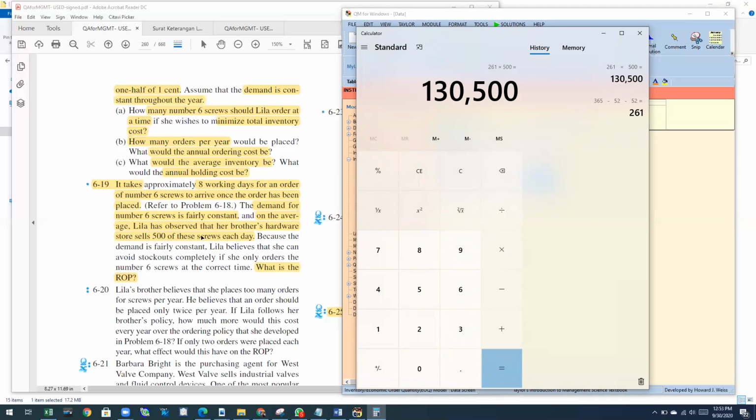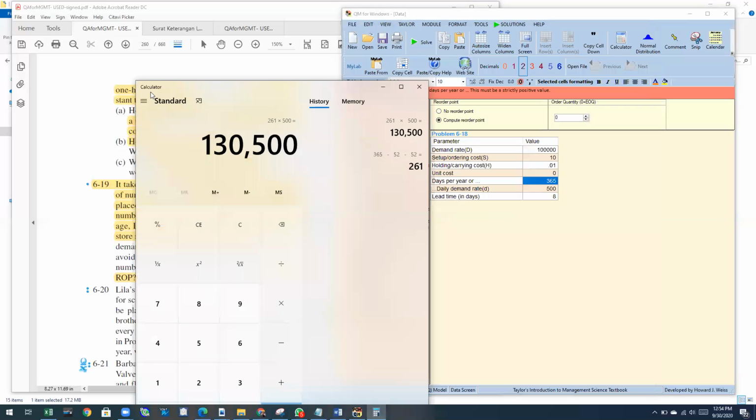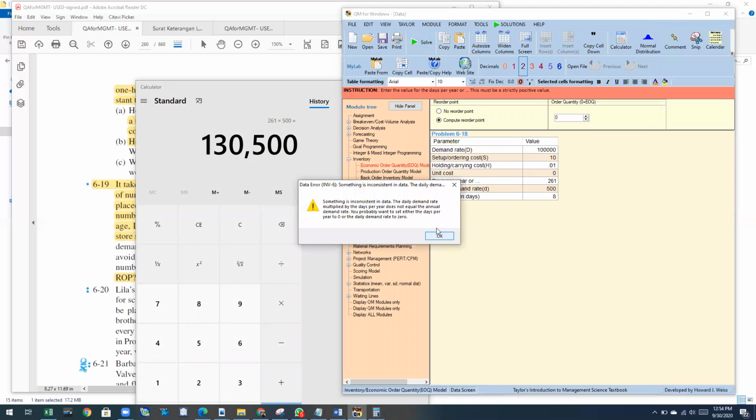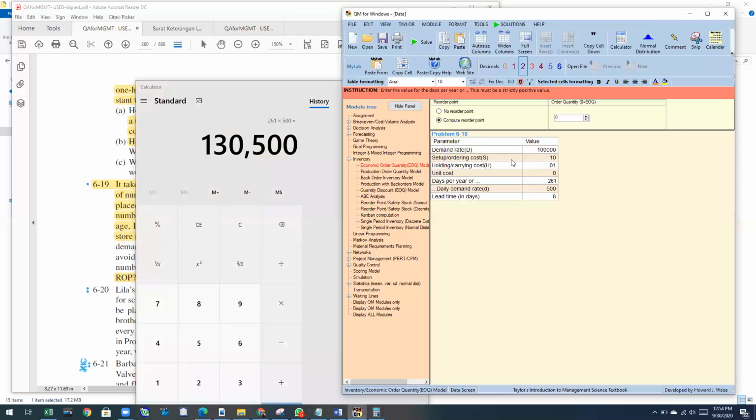Okay, so 500 screws, and 261 working days. Again, not right.